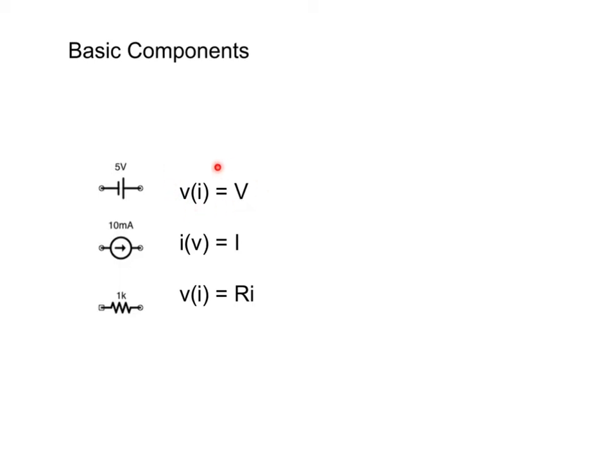The voltage of a DC voltage supply is some value V, which does not depend on the current, so the voltage as a function of current is just V. Usually that V, I'll often use capital V to represent a fixed voltage. Sometimes we write it in, here it's listed as 5 volts.